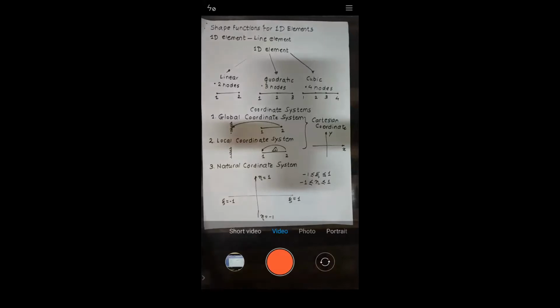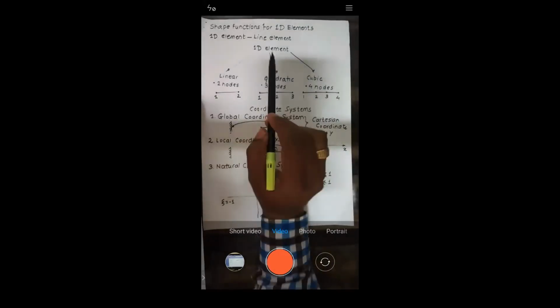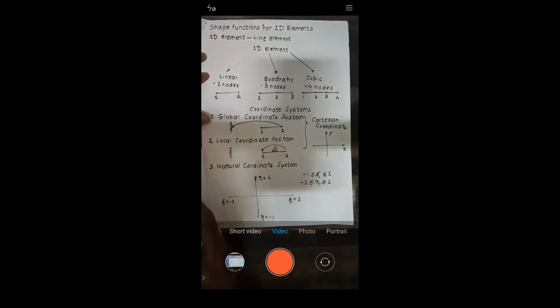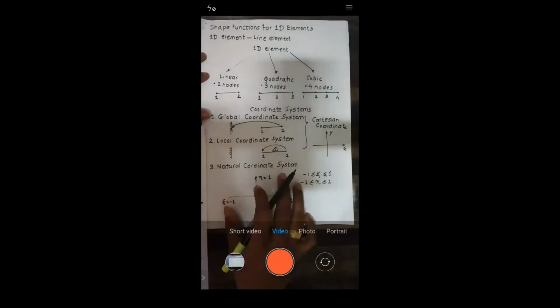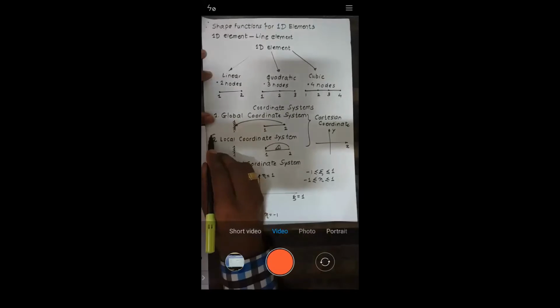So first you understand what the types of elements are. Types of 1D element: linear, quadratic, and cubic. Now in this particular chapter, or rather throughout the semester, we are mostly interested in these two types of system.